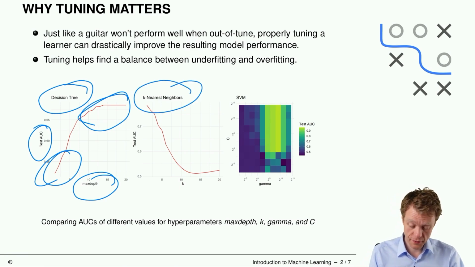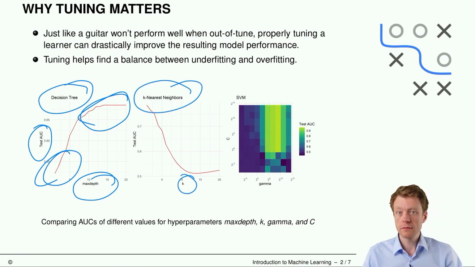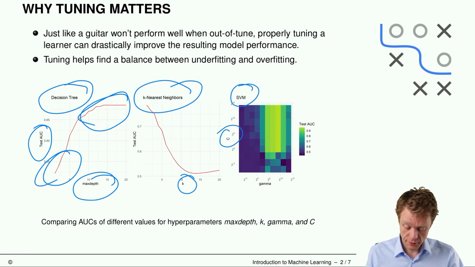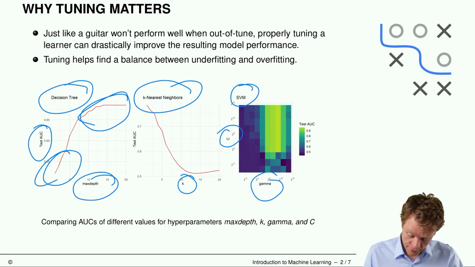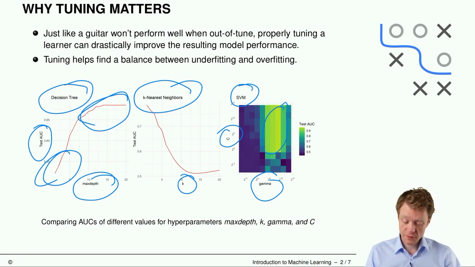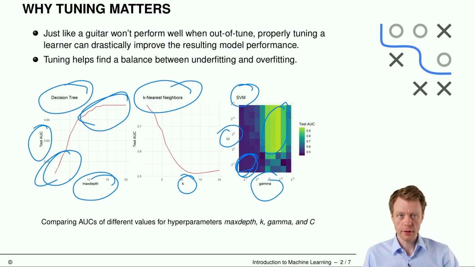Also, k nearest neighbors has a hyperparameter, the number of nearest neighbors k, and also the distance metric, but here we only see the number of neighbors k. And the support vector machine also has a couple of hyperparameters, and as you see, there is a combination which seems to be better than this combination here in the lower left corner.